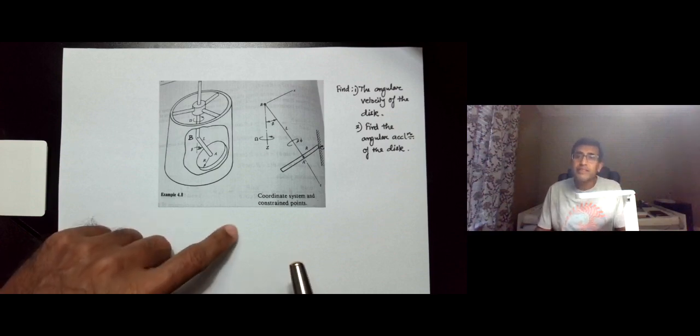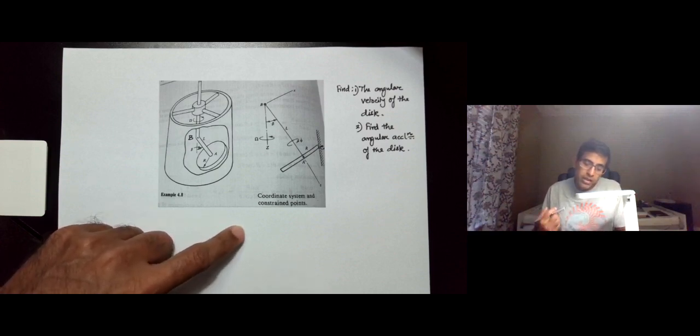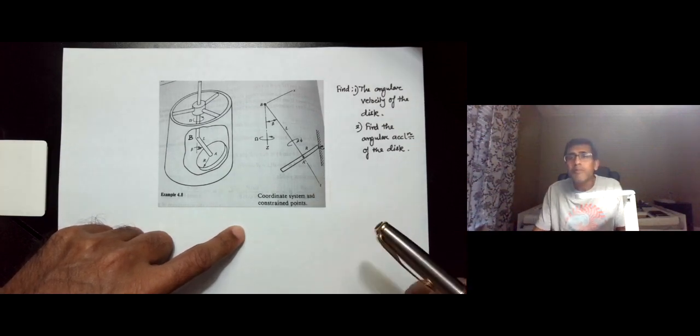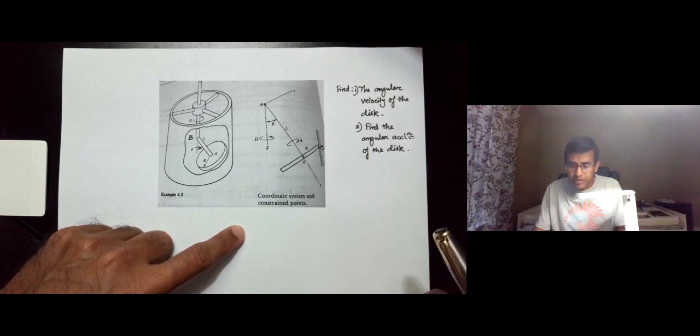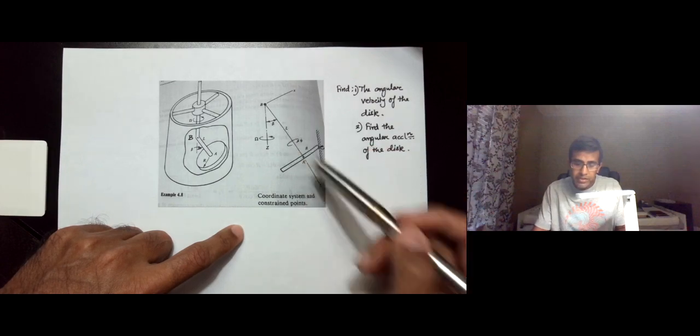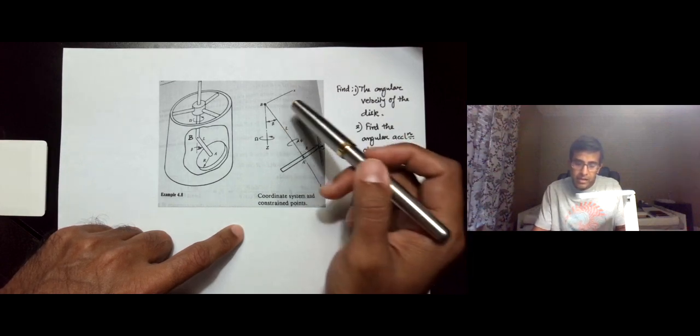Now let us also give an overview of the coordinate system that we are going to be using to indicate all the unit vectors and so on. This is probably a little bit difficult to see from this picture, but I'm going to sketch a clearer picture in a second.